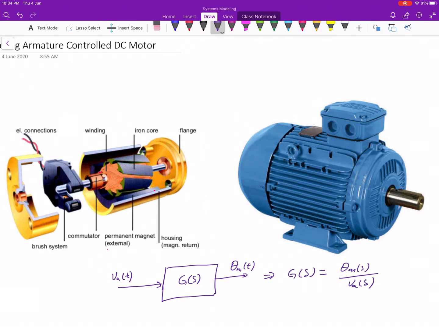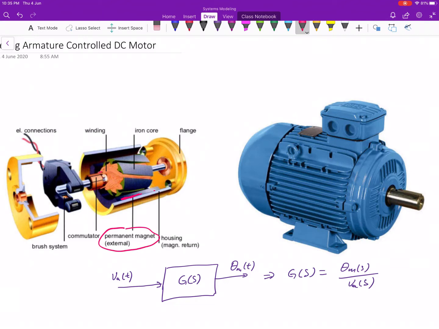So this particular motor, as we can see from here, has a stationary permanent magnet. So this part here is your permanent magnet, and it produces the magnetic field, which allows the motor to keep spinning.